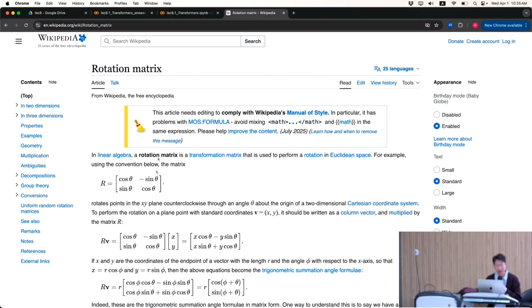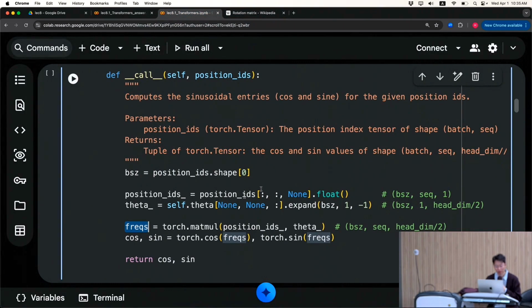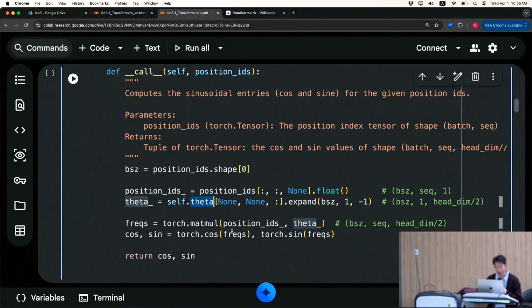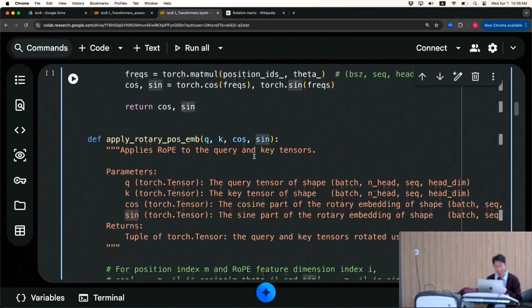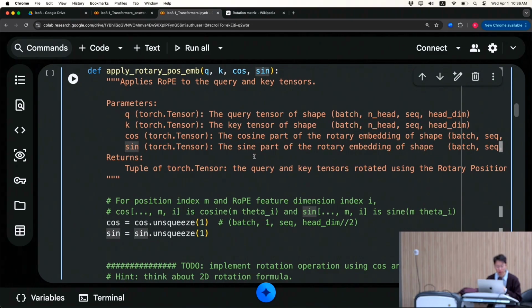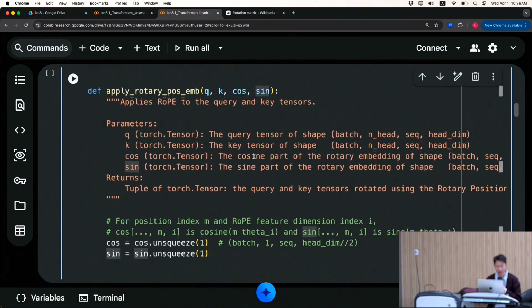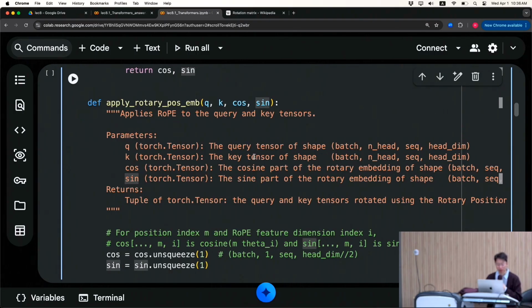And this angle here is given to you. That's m times theta, where theta is given by compute theta. So this call signature gives you cosine thetas and sine thetas. And you have this apply rotary positional embedding function, which you're going to implement partially.